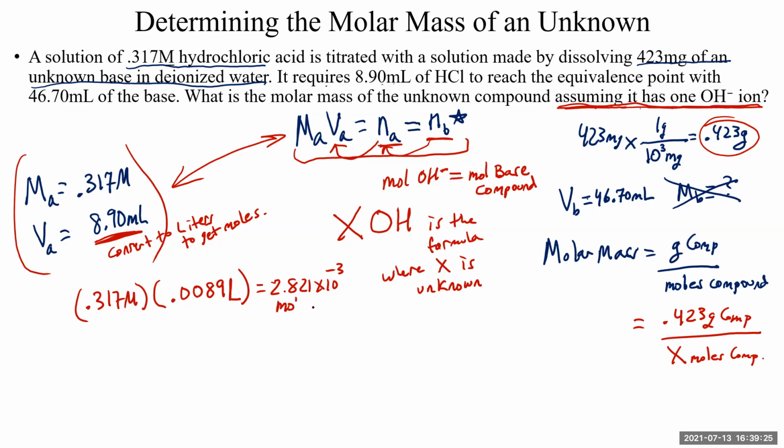That is moles of acid, or moles of H+. But we know that equals moles of hydroxide, and we know that equals moles of X hydroxide, our unknown compound, right?